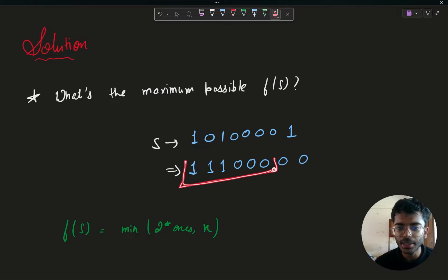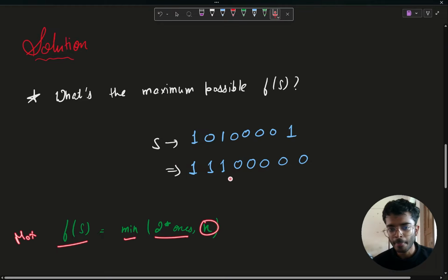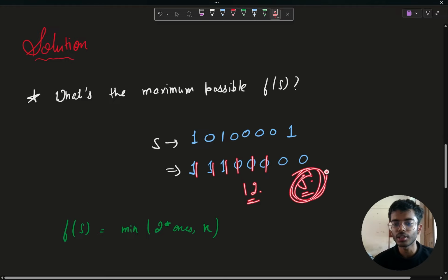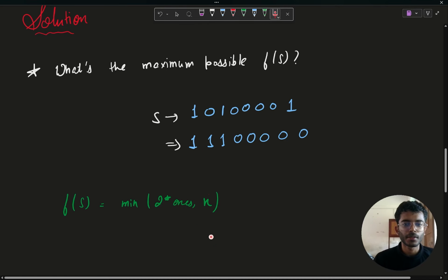And we cannot get any bigger length than this. So the maximum f of s would be min of 2 times ones, comma n. So let's say if all of them were ones, then 2 times ones would be 12, right? But the length of the string is only 8. So the maximum possible answer would be 8 only, right? So f of s would always be min of 2 times ones, comma n, right?